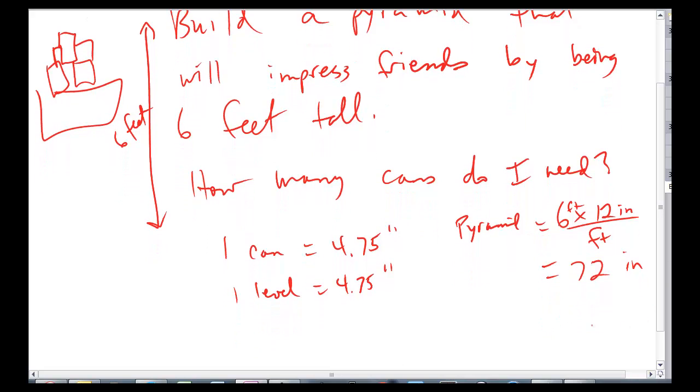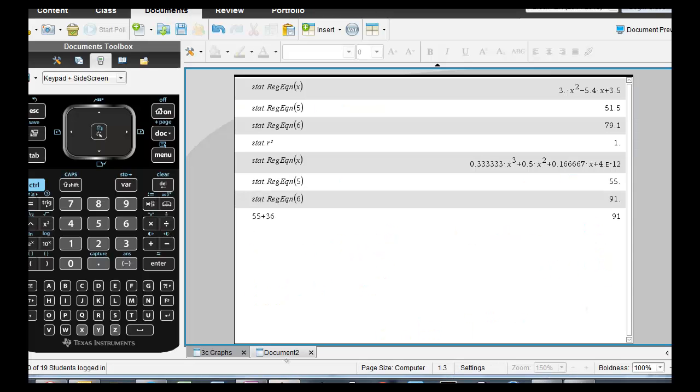So how many levels do I need to be at least 6 feet tall? The levels equals whatever 72 divided by 4.75 is. I can't do that one in my head. I'm going to let my calculator help me out. So I'm going to say, what is 72 divided by 4.75?